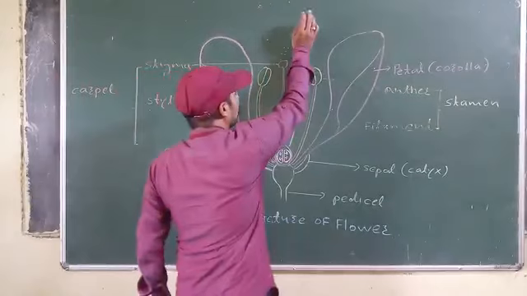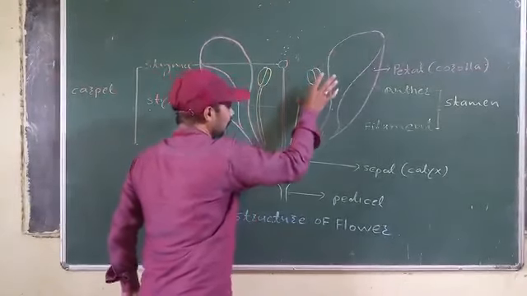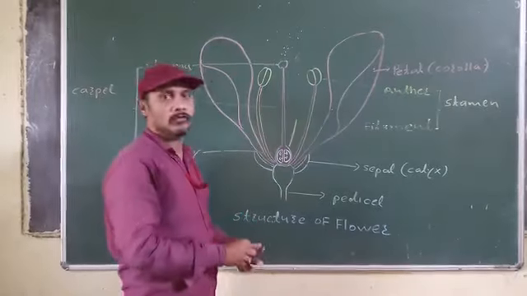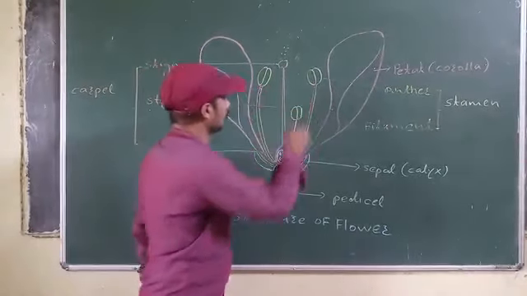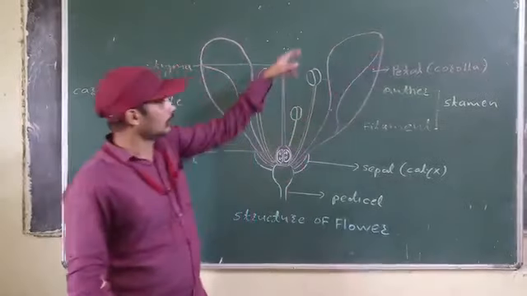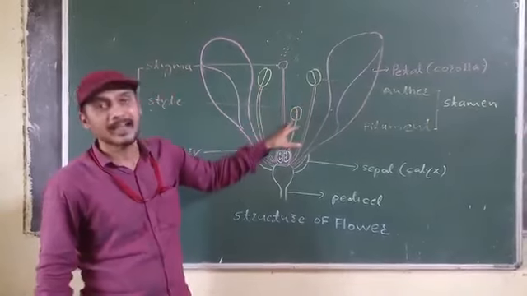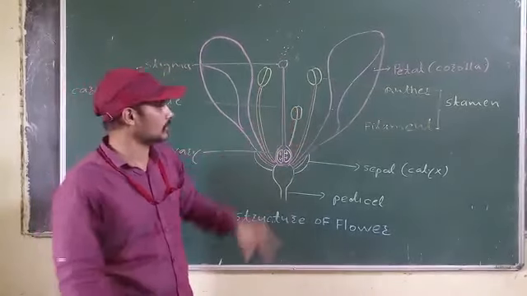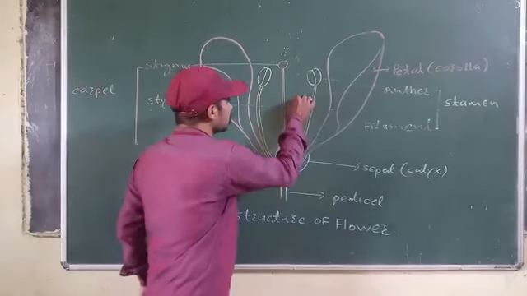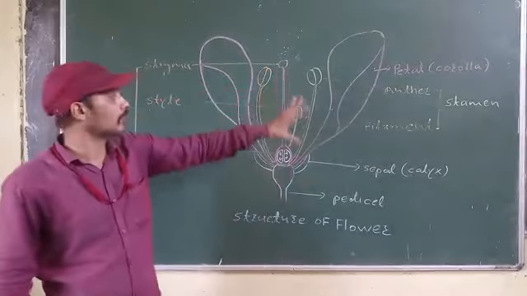If the filament is so small, then what will happen? The insect generally does not reach towards the anther. So the process of pollination does not take place. It is possible that these pollen grains get liberated and just remain in the flower.